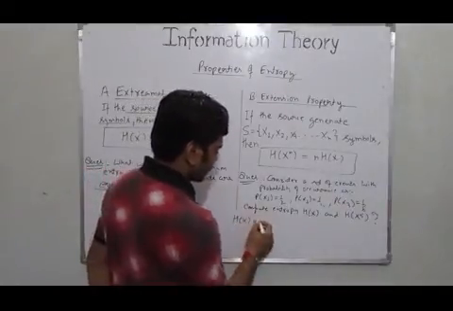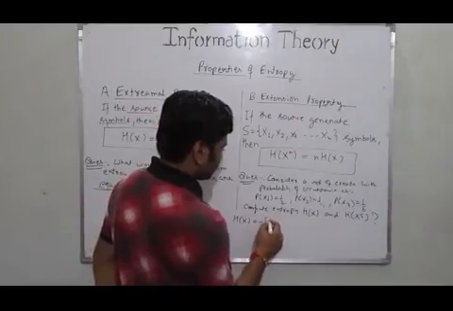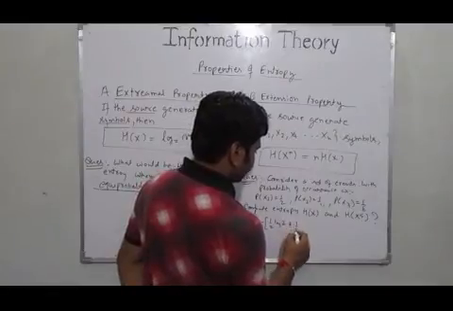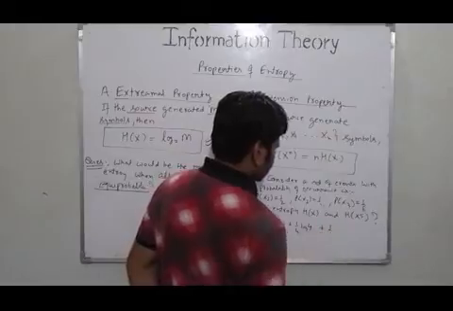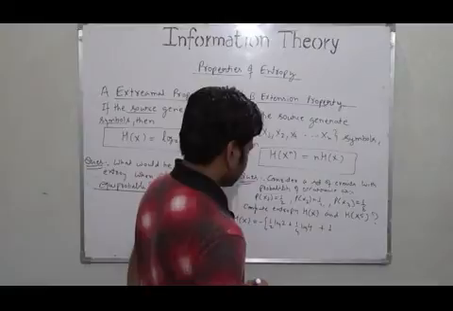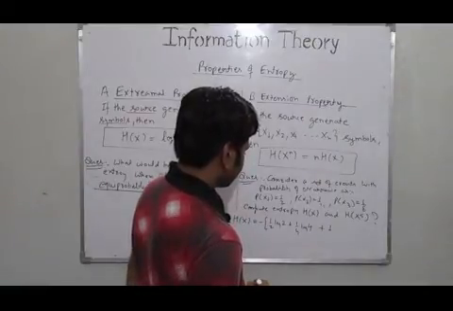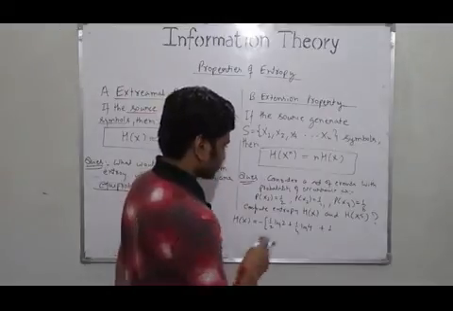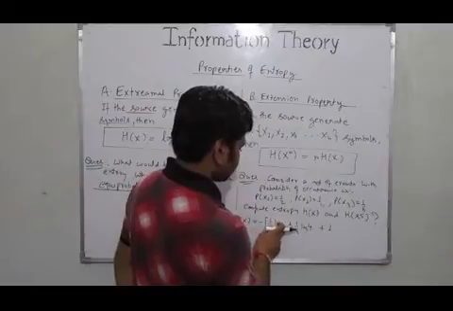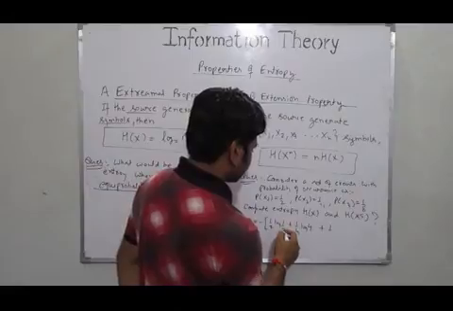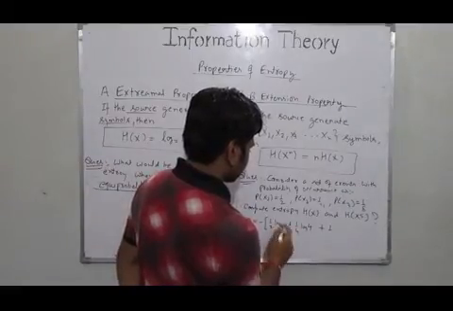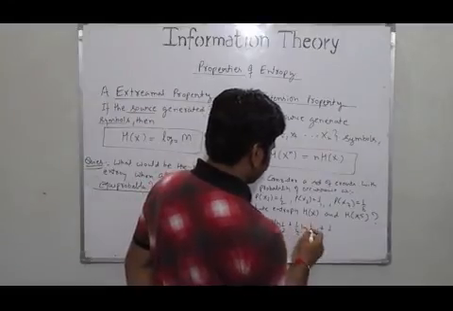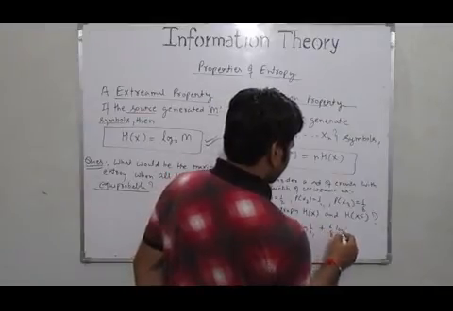In order to determine H(x), we can write this as 1 by 2 log 2, then plus 1 by 4 log 4, plus 1 by 8 log 8, each with a negative sign: 1 by 2 log 1 by 2, 1 by 4 log 1 by 4, 1 by 8 log 1 by 8.